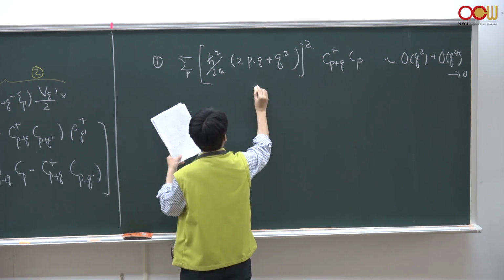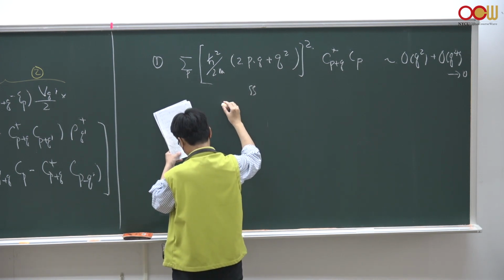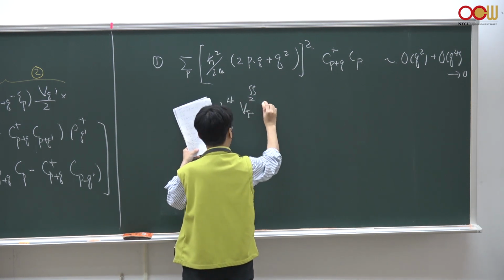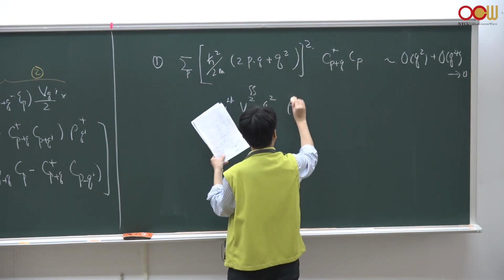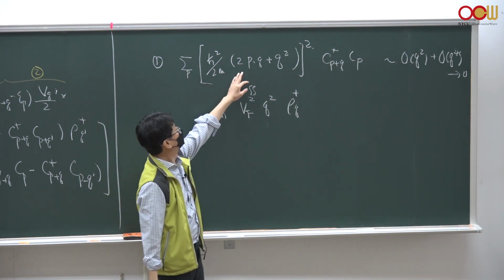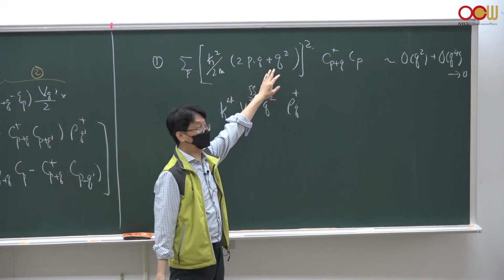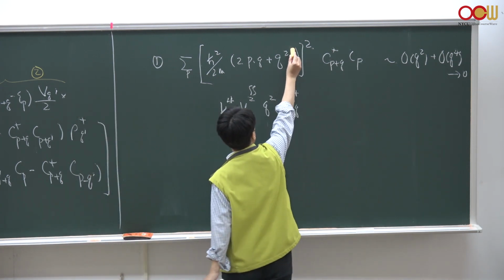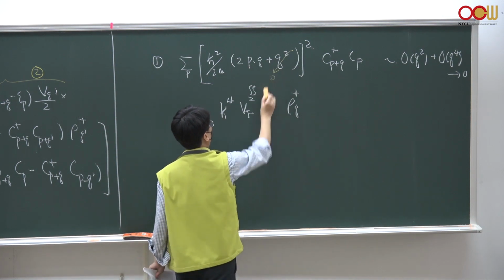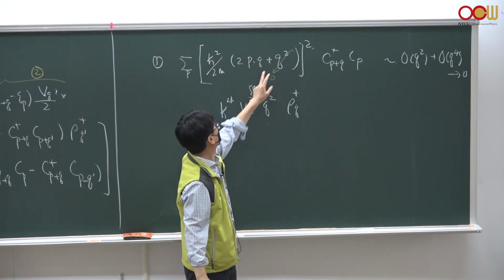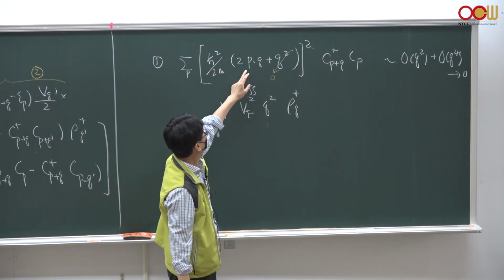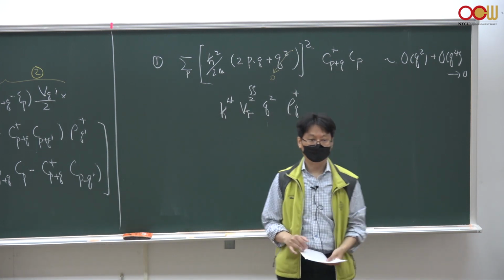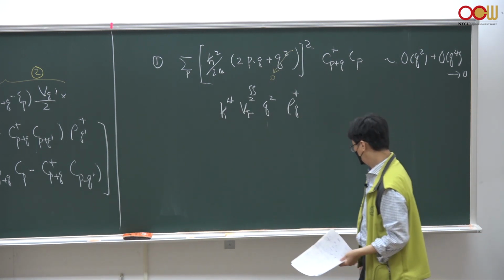You could show that this leading term is probably given by h bar to the fourth, Fermi velocity squared, Q squared, and rho dagger Q. If I simply neglect this Q to the fourth power, the even higher order term, and only keep the P dot Q term and square it, this is given by P squared Q squared, but P is very close to the Fermi surface, close to the Fermi momentum.